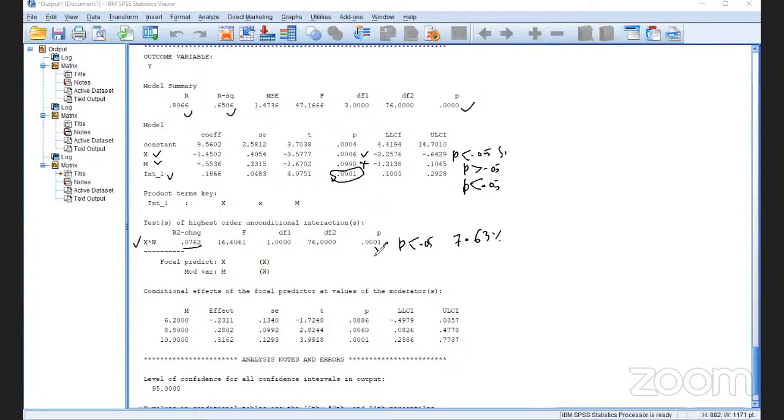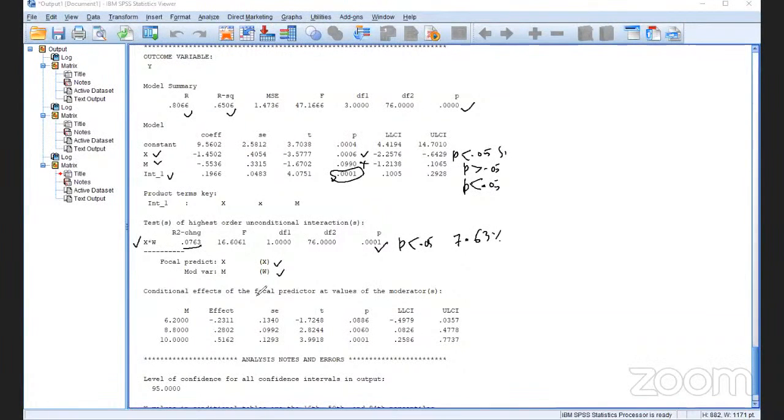If it is not significant, then we will say there is no interaction, or there is no moderation in this model. So here there is a significant impact of interaction, or moderator variable, because the p value is less than 0.05.